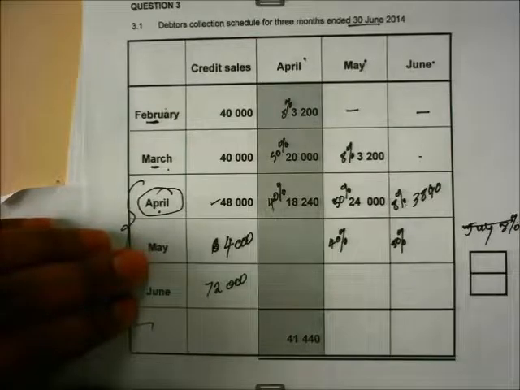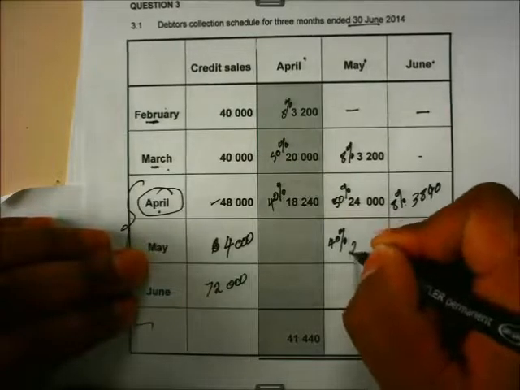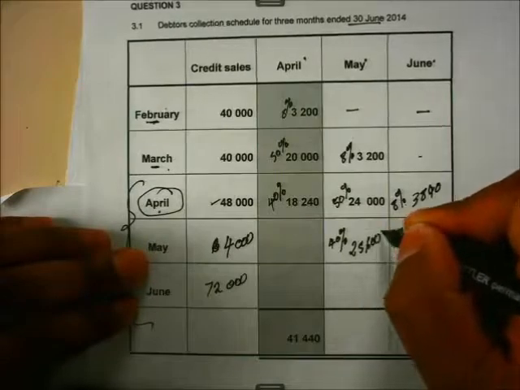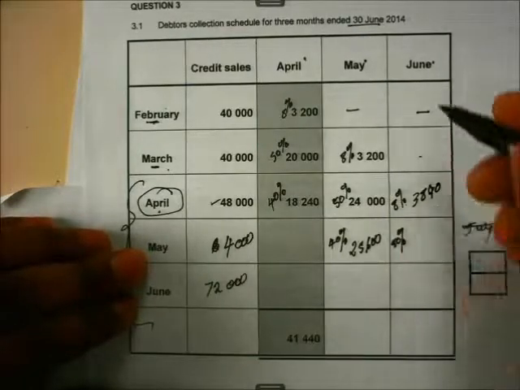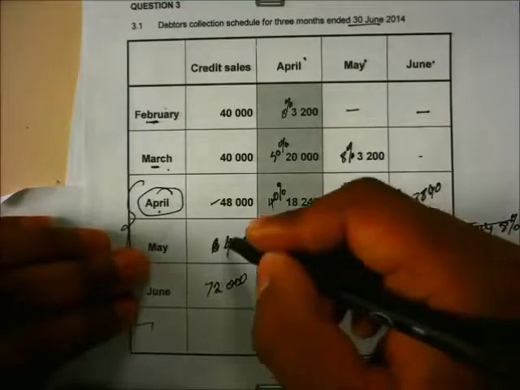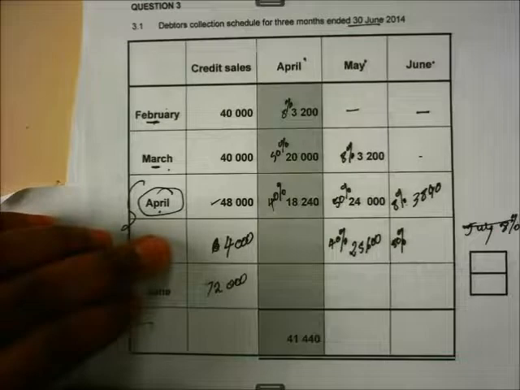You make your calculation: 64,000 multiplied by 40% gives you 25,600. Then in June, you are going to collect 50% of 64,000. Then you take your calculator once more.